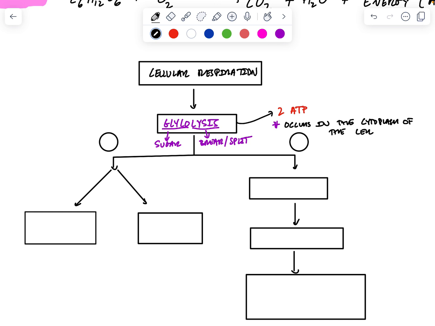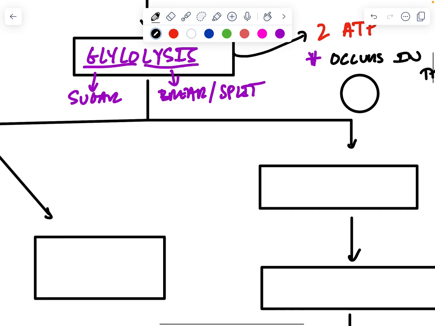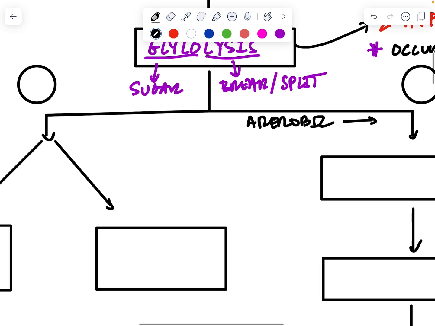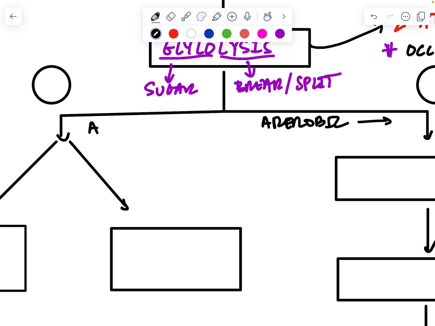Now, the cell kind of has a choice, or maybe it's not so much a choice, but there are two different conditions. If the cell is in aerobic conditions, it's going to go down this pathway, and if it's in anaerobic, it's going to go down this pathway.